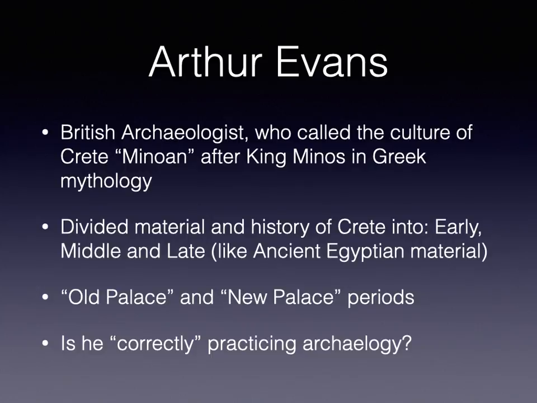Evans had read very closely Homer's Iliad that describes war between the Greeks and the Trojans. He unearthed some remains of a very large palace complex. This is Knossos. But he restored it.